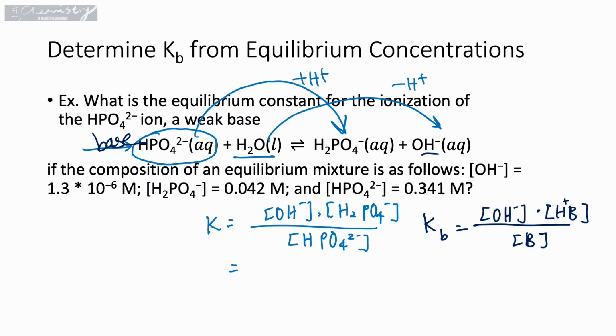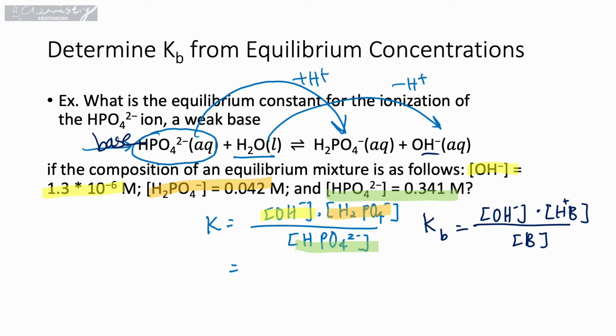So essentially we're calculating Kb. All we have to do now is to plug in the corresponding values: the concentration of hydroxide ion, the concentration of the dihydrogen phosphate, and the concentration of the hydrogen phosphate ion.